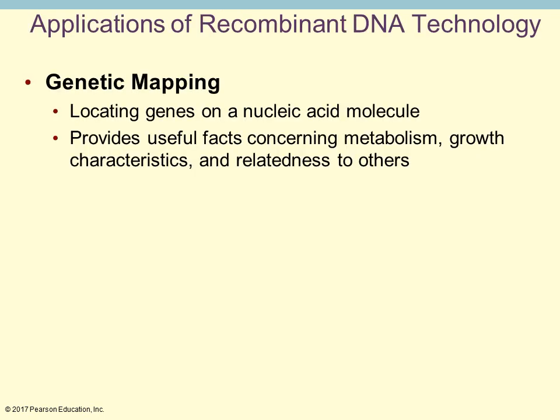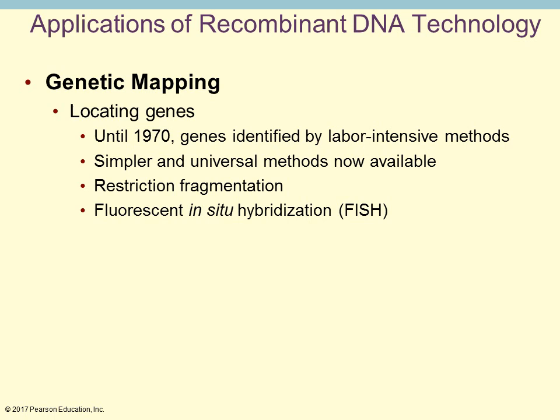Gene mapping is simply trying to figure out where on the nucleic acid, the entire molecule, the gene is located. It can give you ideas about characteristics of the organisms, how different genes may be related to one another, and things such as metabolism. Initially, it was very hard in the early days of this field.